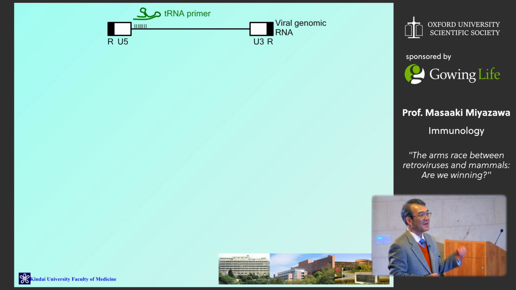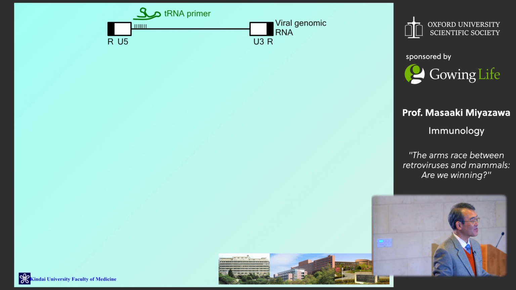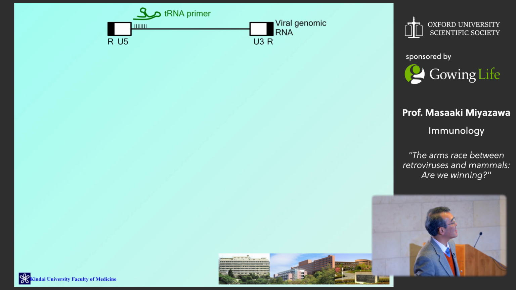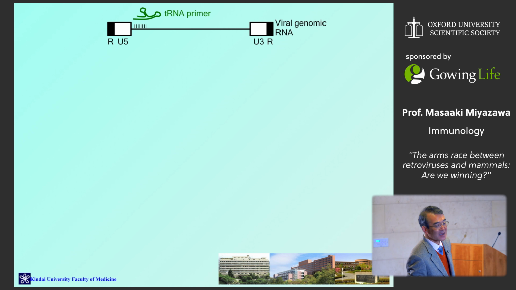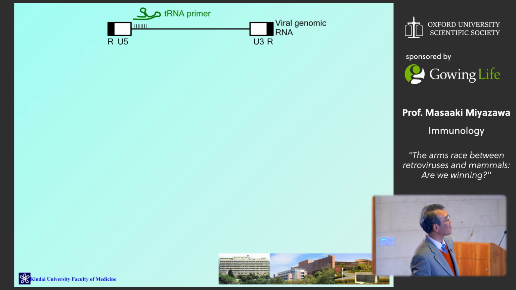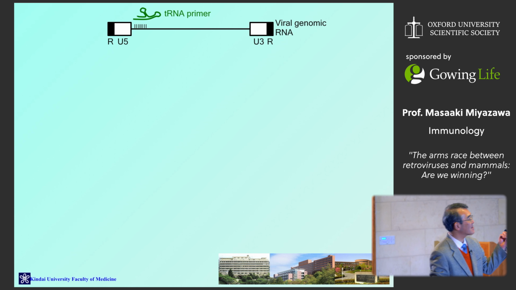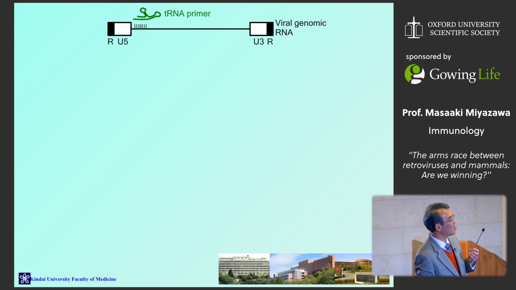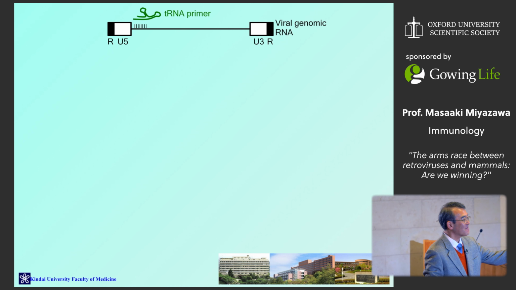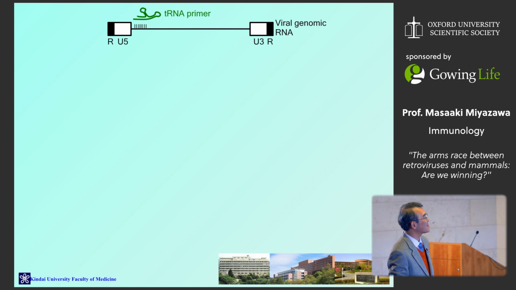And the mechanism of reverse transcription is as follows. The viral genome is a single-stranded RNA, but inside the viral particle, the retroviruses contain not only the single-stranded viral genome, but also single-stranded tRNA that is fetched from the infected cells.